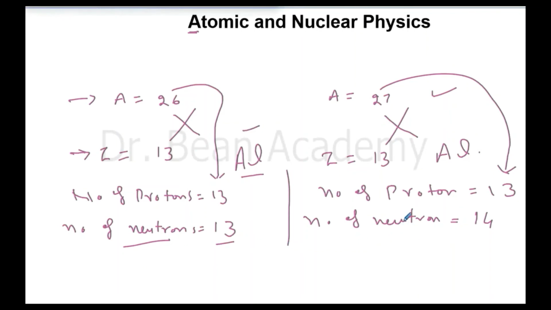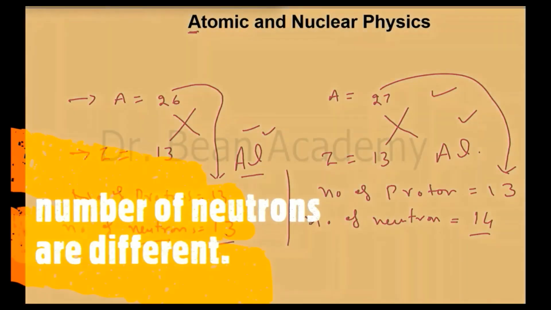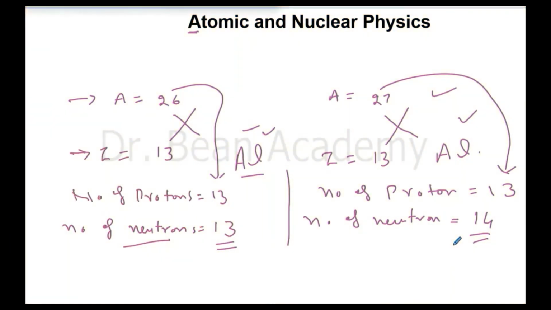In the second case of aluminum, the number of neutrons is 14. So what information can you get from this data? These are isotopes. This is aluminum and this is its isotope. Here 13, here 14. They are the same element, but because the number of neutrons in their nuclei is different, they are isotopes.